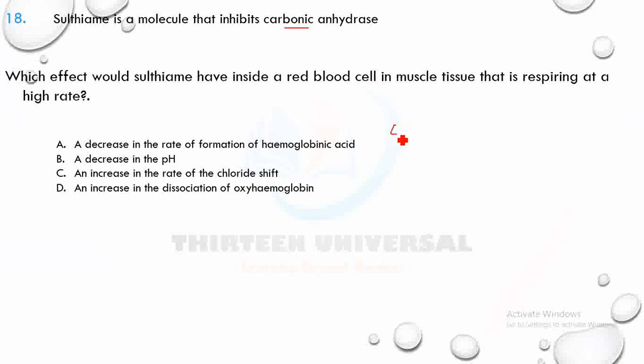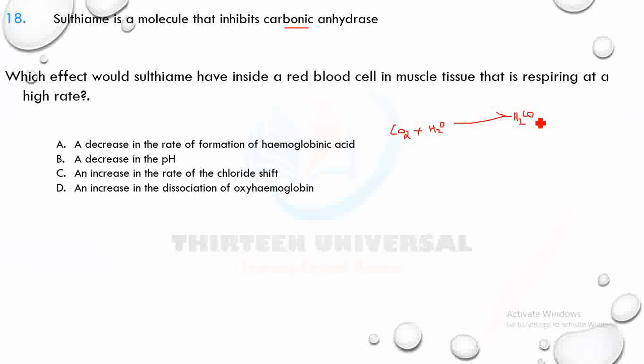Pause the video and try it. Remember that carbonic anhydrase catalyzes this reaction. Most of the questions are from this reaction. Pay attention to this. You can see it's going to form carbonic acid, but that reaction is catalyzed by carbonic anhydrase.